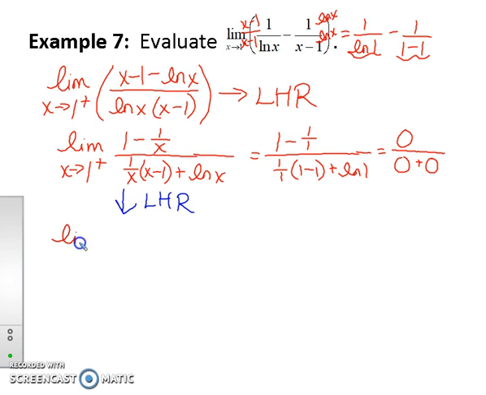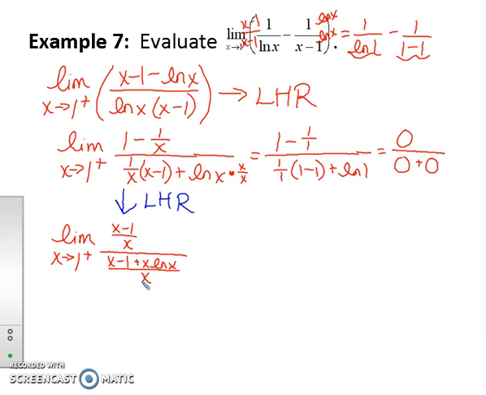So the numerator: I can think of that 1 as x over x, so I end up with x minus 1 over x as my numerator. And my denominator becomes x minus 1 over x, and then ln of x, if I multiply it to get a common denominator, becomes x ln of x all over x.